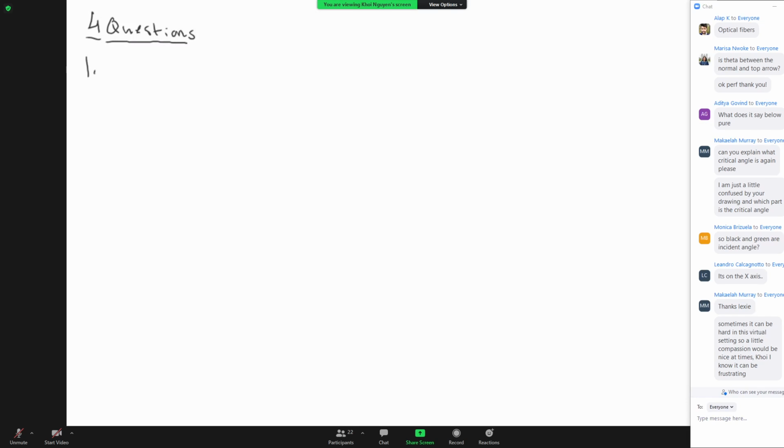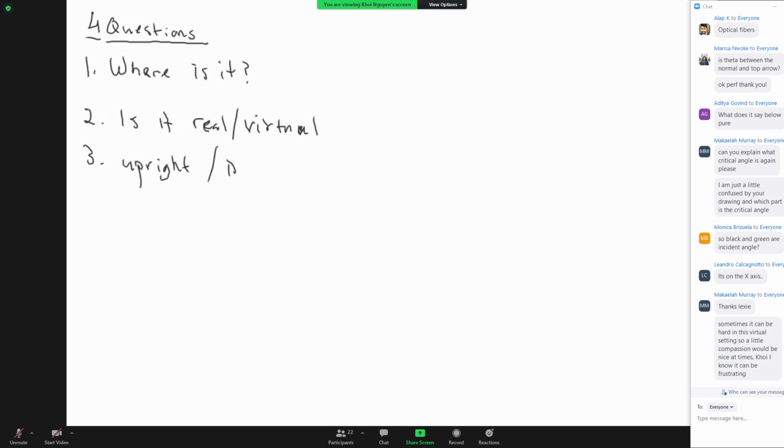So, when dealing with optics, there are 4 questions that need to be answered. The first is, where is it? Second, is it real or is it virtual? Sorry, this is a V. For some reason, I'm writing it very much like an R. Third, is it upright or inverted?